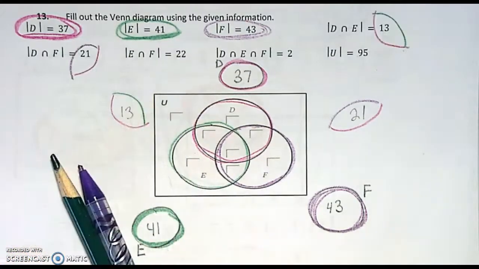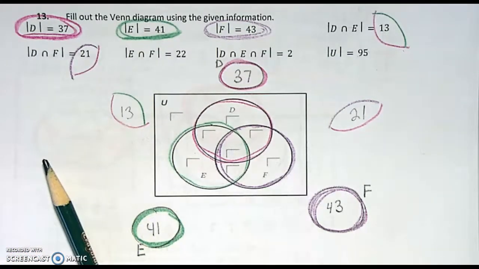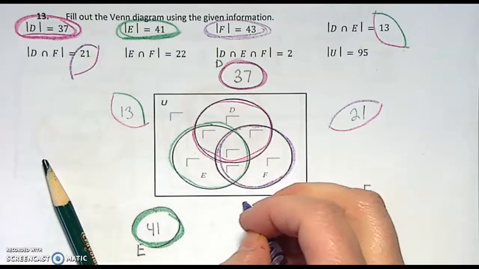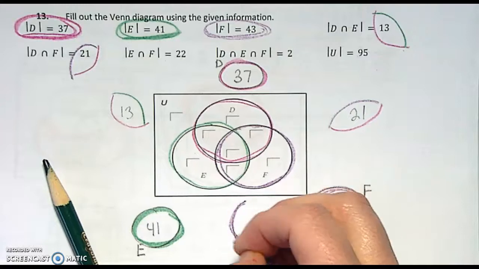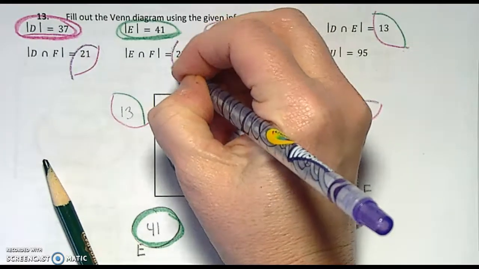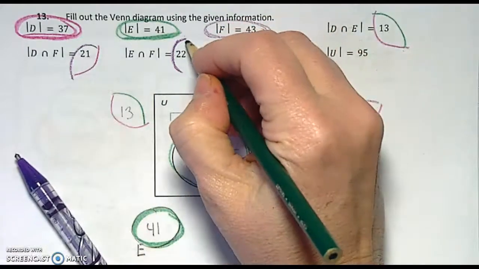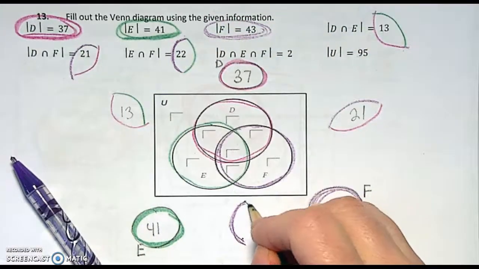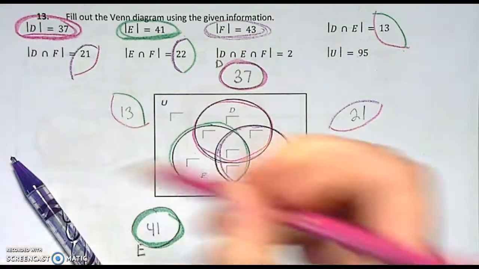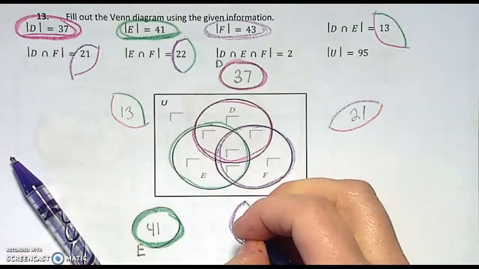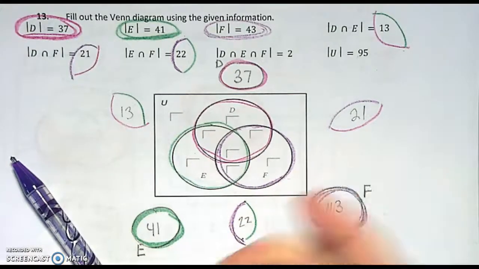And next they give us the E intersect F, which is down here at the bottom, with the purple from the F and the green from the E. So it's in that intersection that there's 22. So I'm going to write down my 22 in there, and it's going to help us get all the other parts.